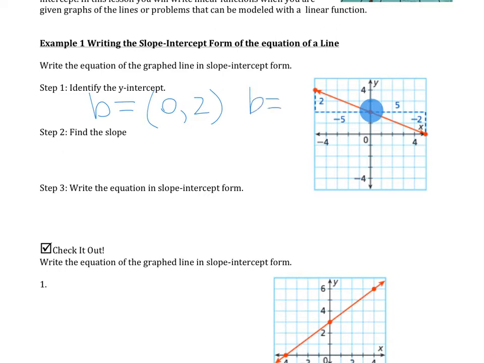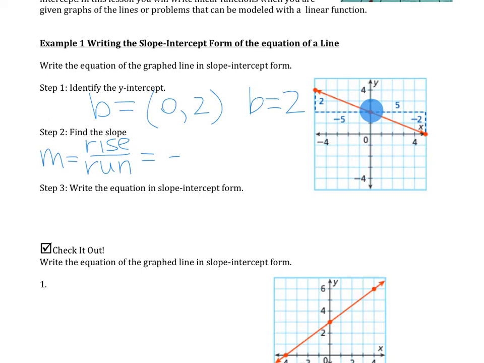Or you might want to just write it like so. Finding the slope, then we know slope is rise over run. This graph is descending downhill, coming from left to right downhill, so we know it's going to be negative.